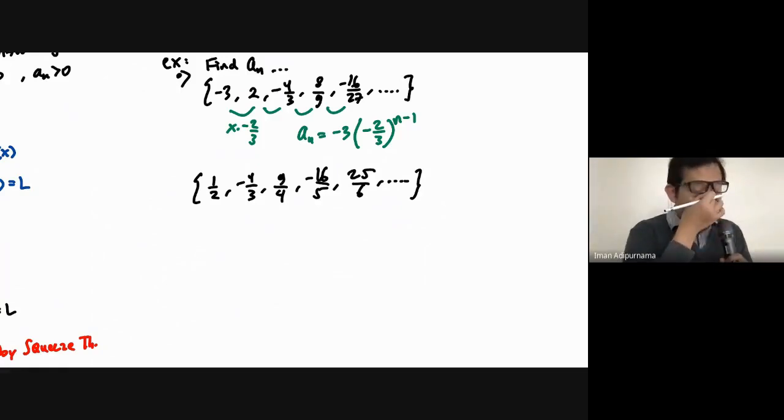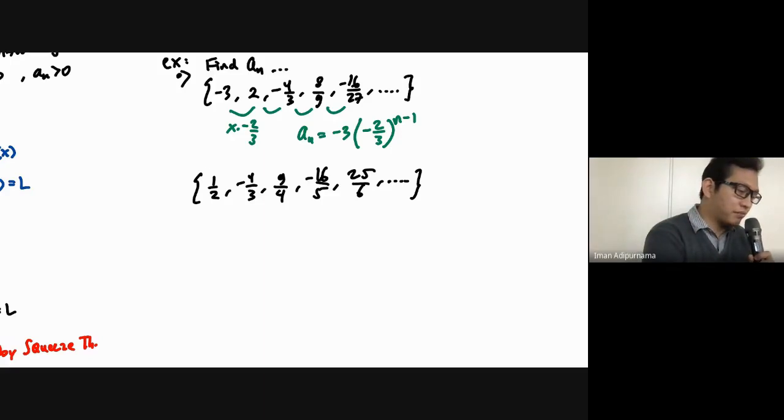Okay, the second one is a combination of at least three sequences, right? The first is a sequence of alternating signs, in which you have positive, negative, right?